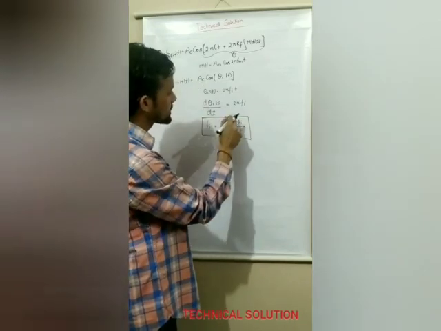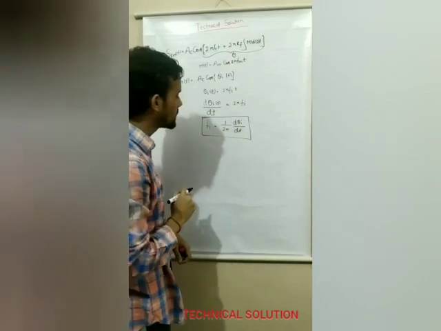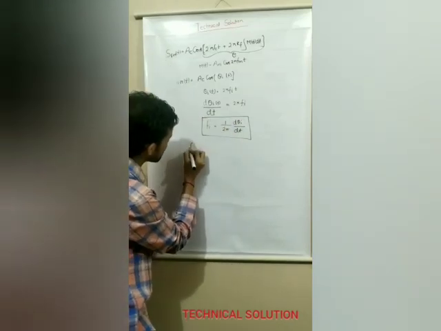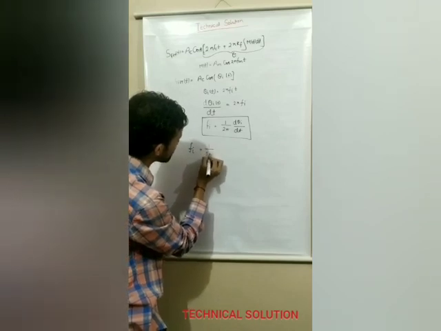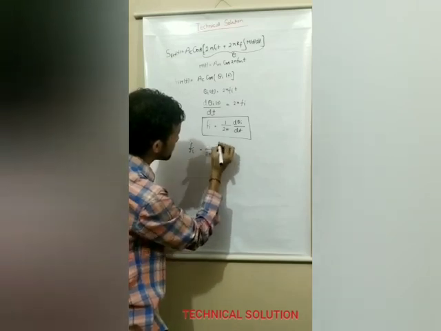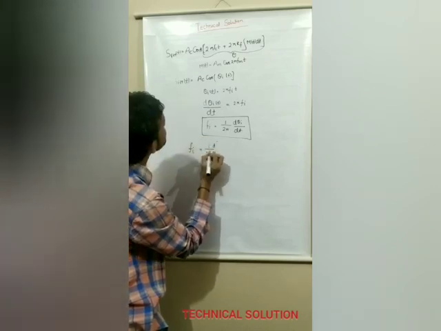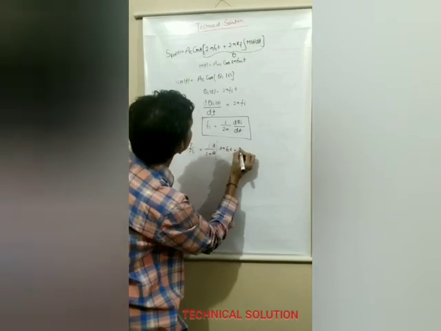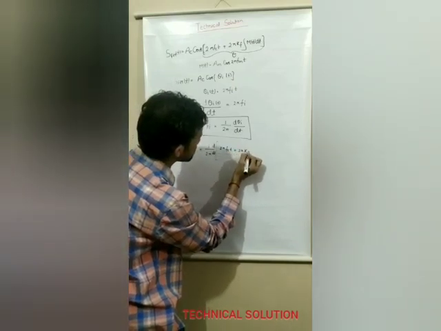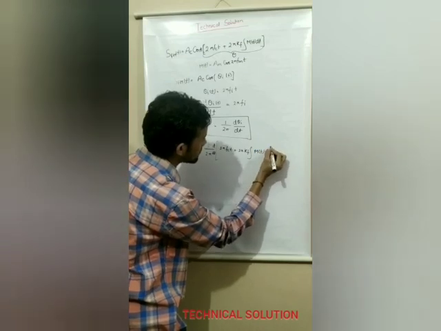If I put this θi equation into this, then I get fi equal to 1 upon 2π times d/dt of (2π fc t + 2π Kf ∫ m(t) dt).